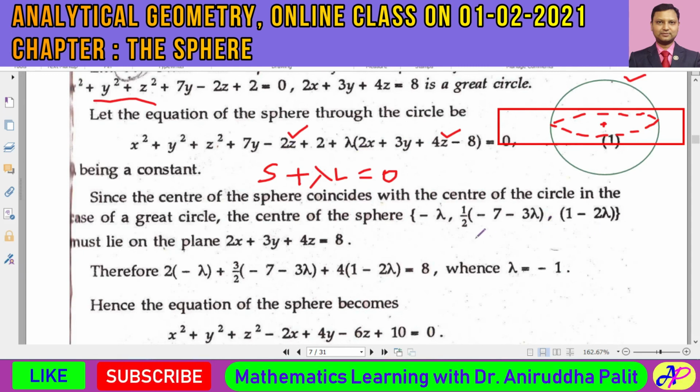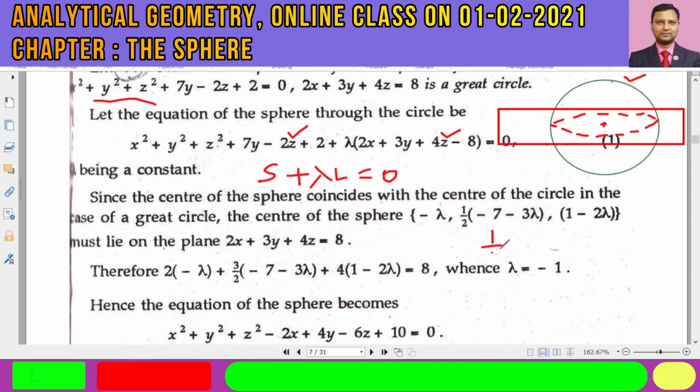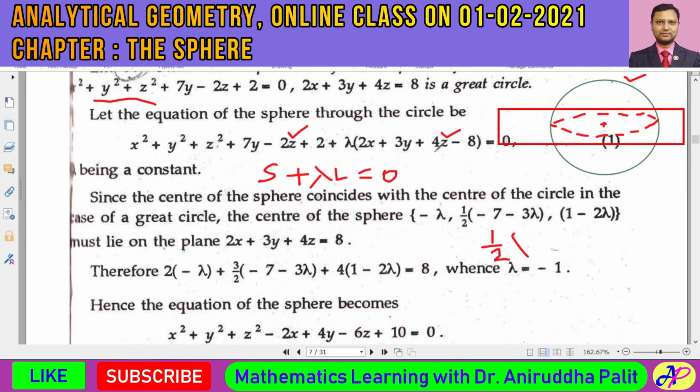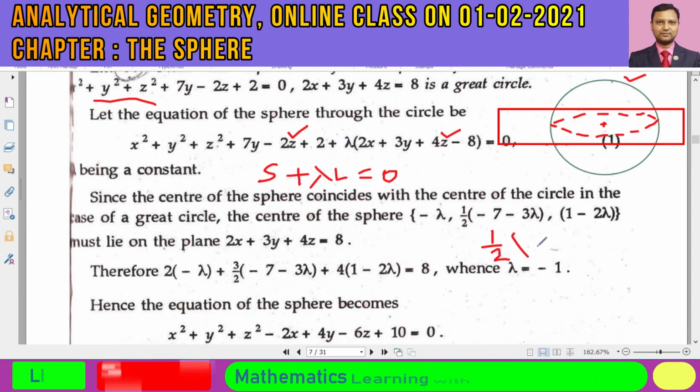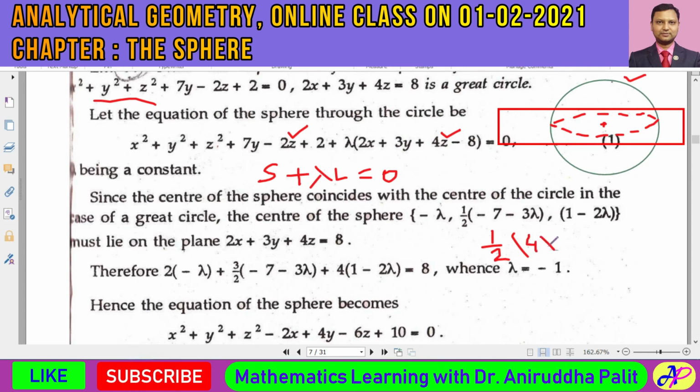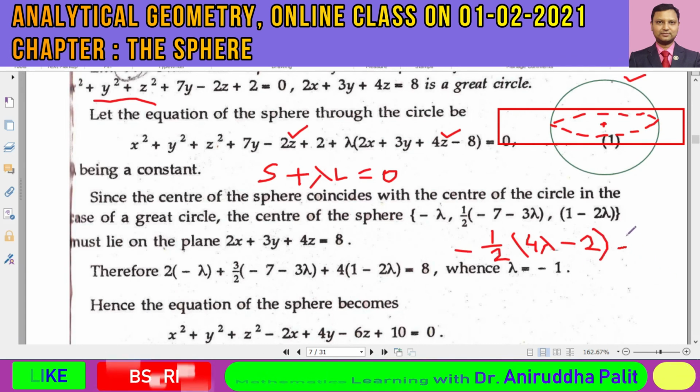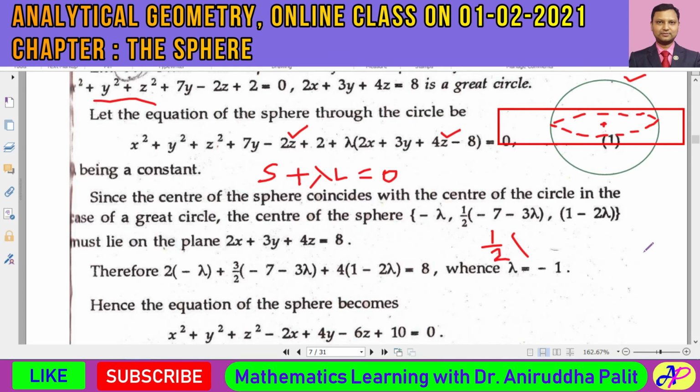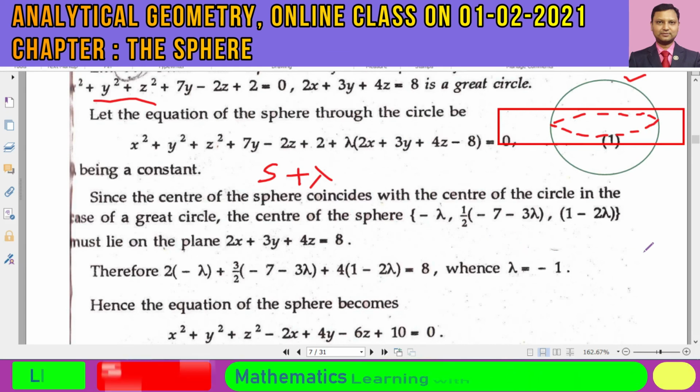So half of this expression with a negative sign will be the z coordinate, and that becomes 1 minus twice lambda. So in this way we find the x, y and z coordinates of the center of this sphere.